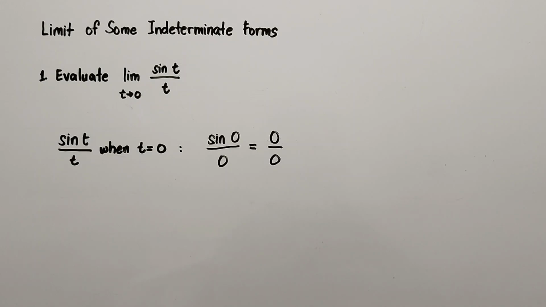For the expression sin t over t, when t is 0 it is indeterminate. But we can still solve for the limit of sin t over t as t approaches 0 by using the table of values and its graph.